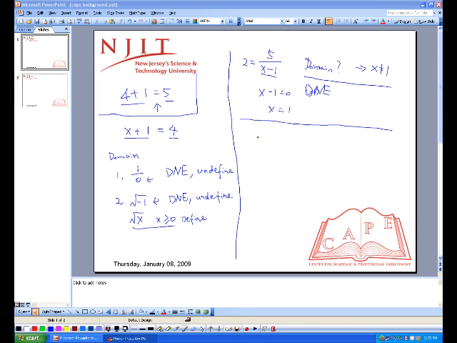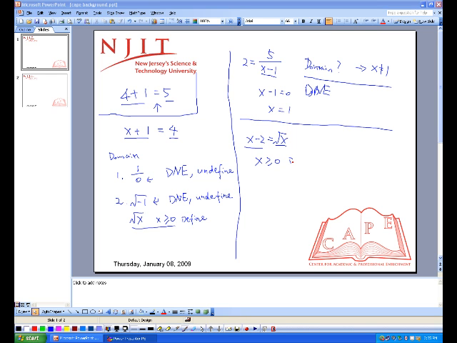Now let's try another question. x minus 2 is equal to square root of x. Now let's look at the left side, x minus 2, and the right side, square root of x. We know that the right side is only defined when x is greater than or equal to 0.